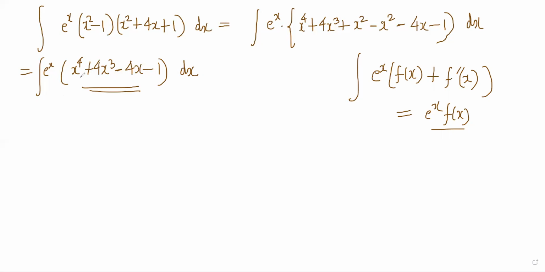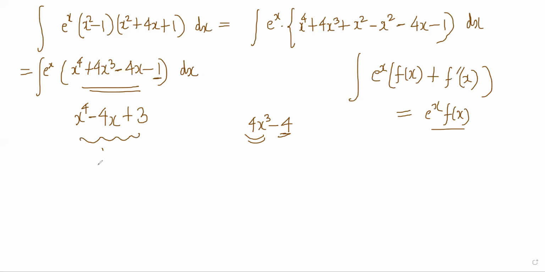So if I take x power 4 minus 4x as my f of x, my f dash x will be 4x cube minus 4, right? So I'll get 4x cube in the f dash x, but I need a minus 1 rather than a minus 4. So I should do plus 3 here, right? Correct.